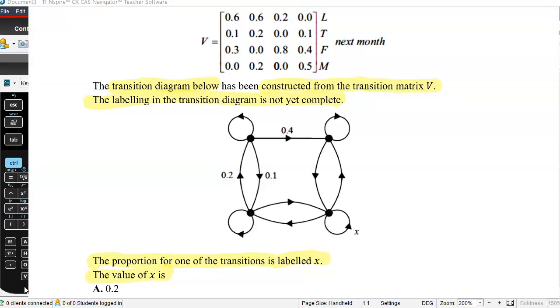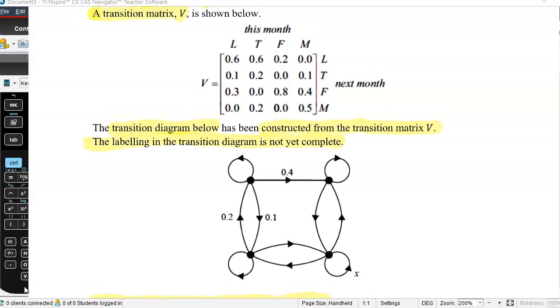Now we've got to do a lot of workings backwards here because we haven't even got what these points are. So let's look at that and try to work this out. What do I know about this point? I know that point 4 will leave that point to go to another point.